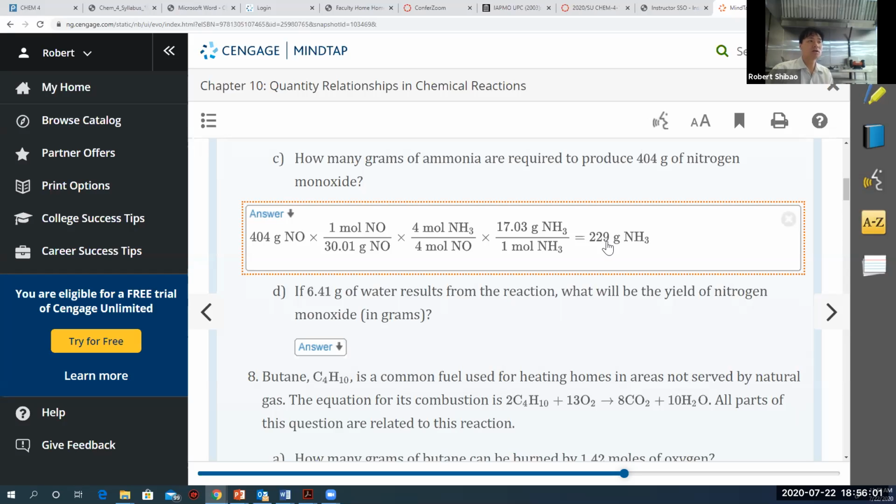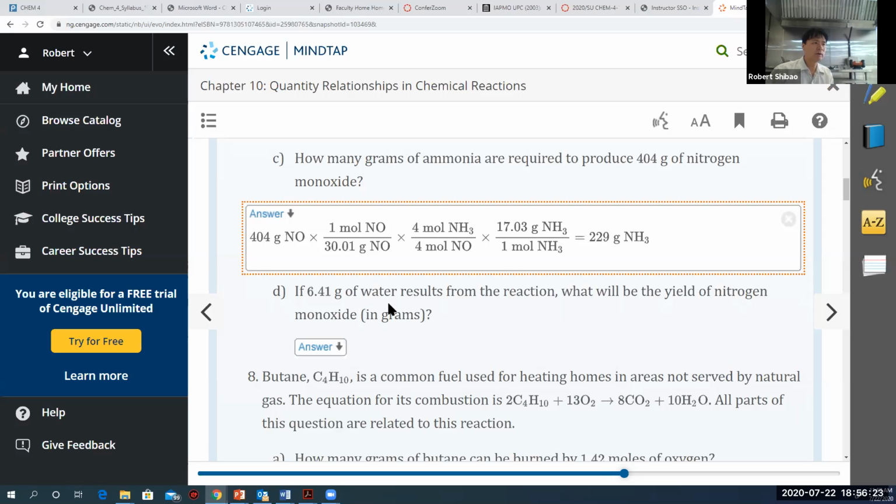Well, let's say each time you make NO, you lose about 5%. Then you have a pretty good guess. Well, you better start off with 5% more ammonia. But this is what we call the theoretical. If your book's going to call this the ideal, this would be the ideal.